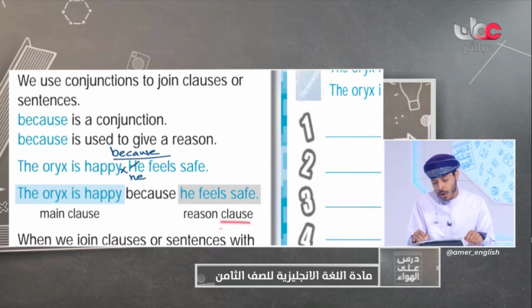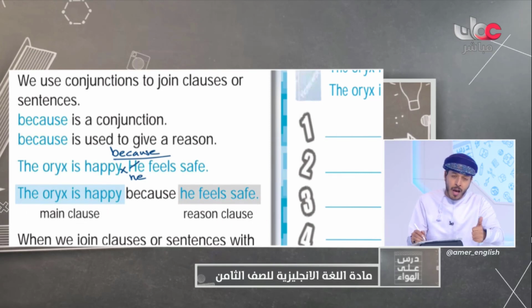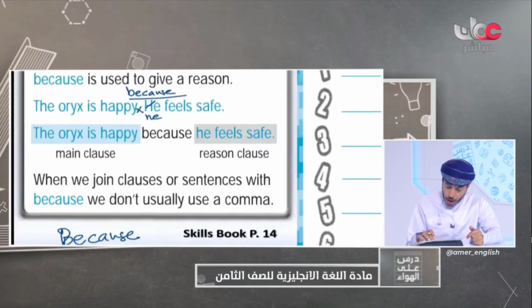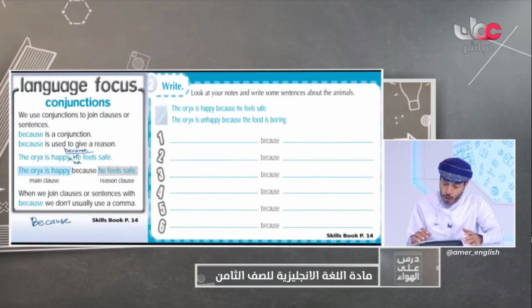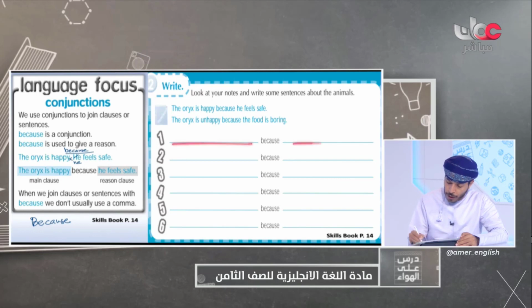And we said that clauses are like sentences. They have subjects and verbs. When we join clauses or sentences with 'because', we don't usually use a comma. So there is no comma.